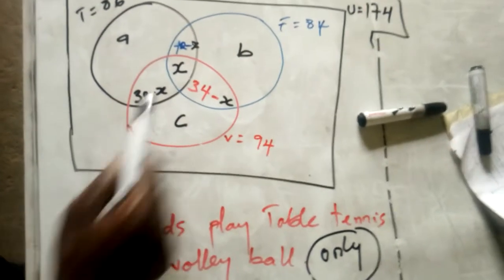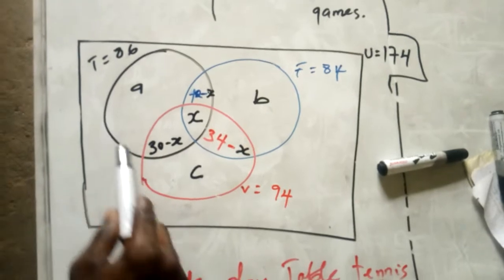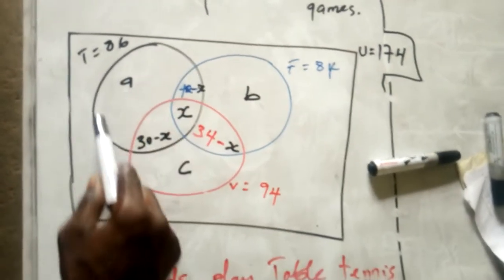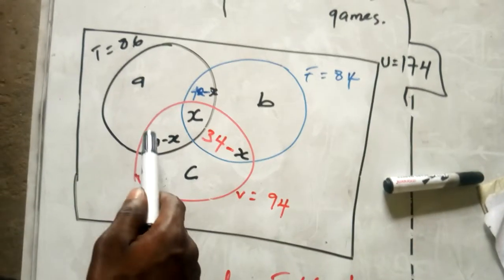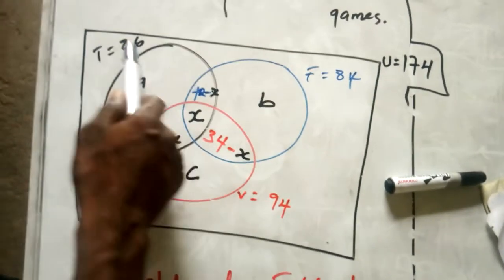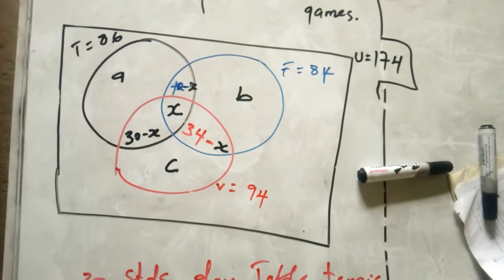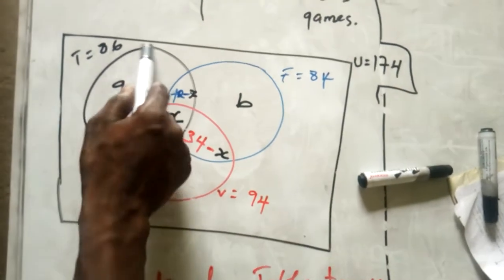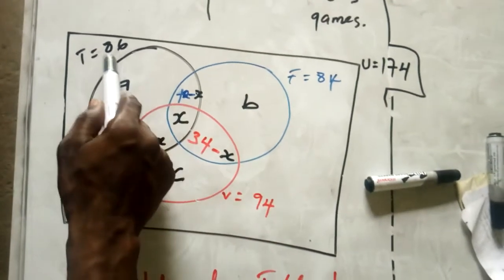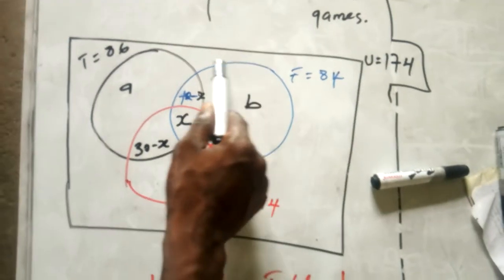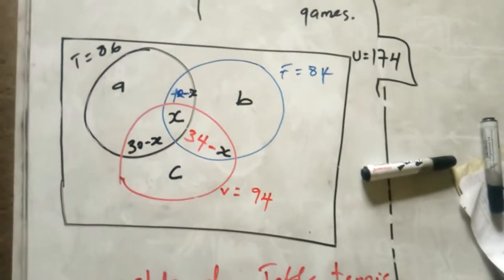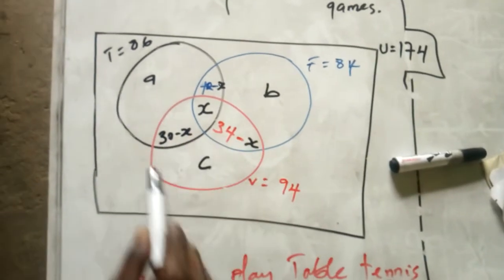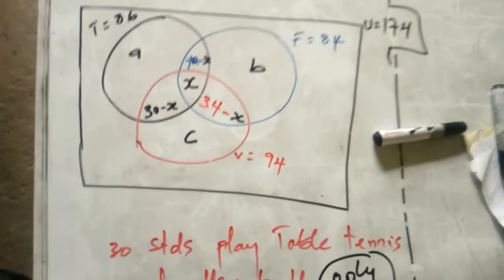Is that okay? I know this black portion here, the entire room here. When I say everybody that participates in table tennis should come, everybody in this room has to present themselves over there. So everybody in this portion here, they all sum up to 86. The same thing applies to football. The blue portion here belongs to the footballers, 84, and the red portion belongs to 94.